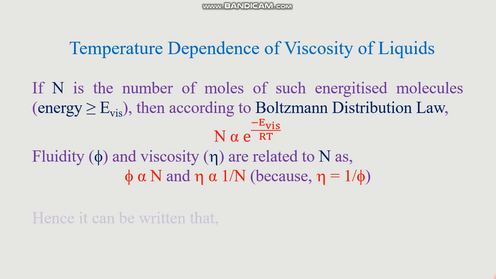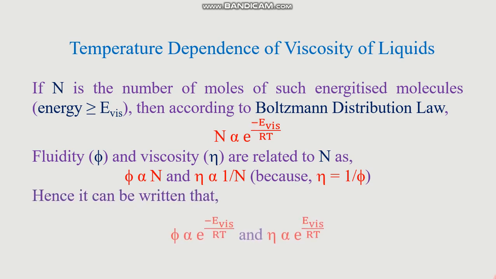So we can make two different proportionality relations. One is fluidity directly proportional to exp(−E_vis/RT), and another one is viscosity coefficient directly proportional to exp(+E_vis/RT).